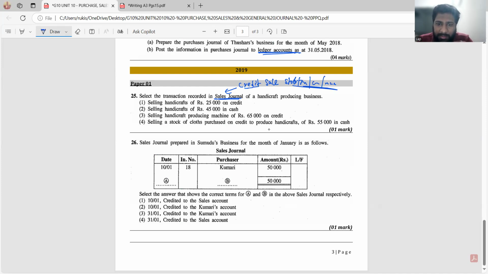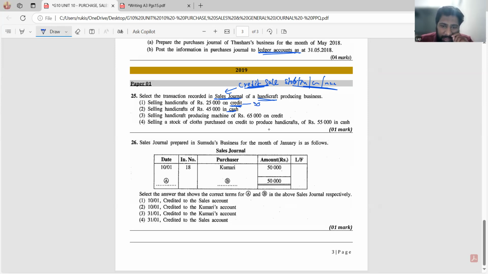Main item credit sale will be there. It's a handicraft producing business selling handicraft for 25,000 on credit basis. So it is main item sold on credit. It should go to the sales journal.